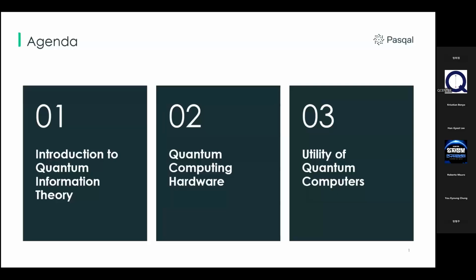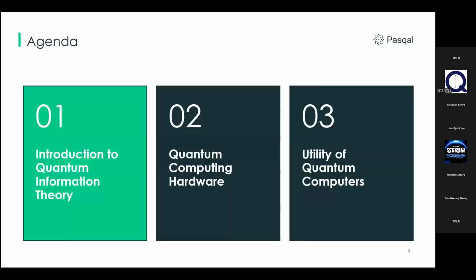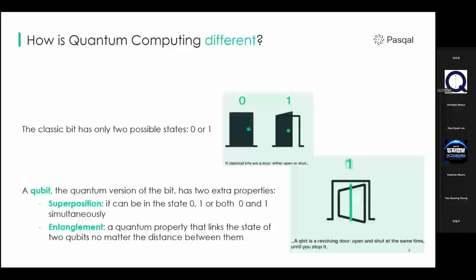And finally, for the end of today's session, we are going to discuss in general the role of a quantum computer as of today and in the coming years. And we will put a huge emphasis on how to evaluate the performance of these quantum computers. So what are the different performance metrics there are out there and how you can make the most use out of it. So let's start by introducing quantum information theory.